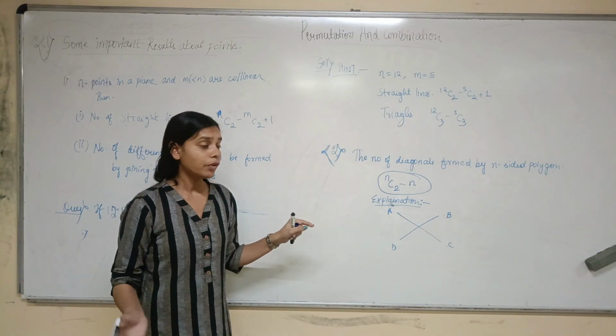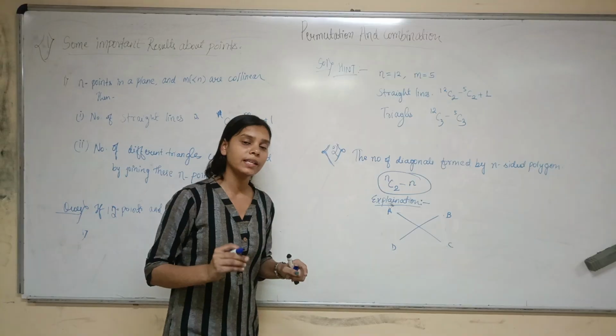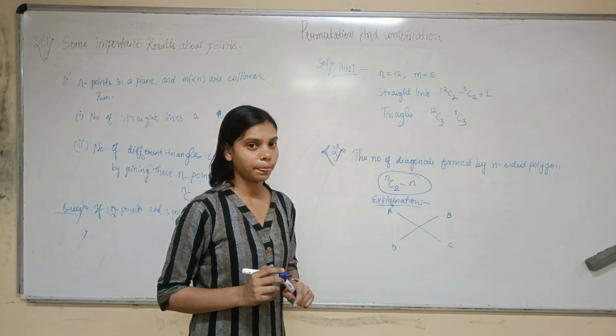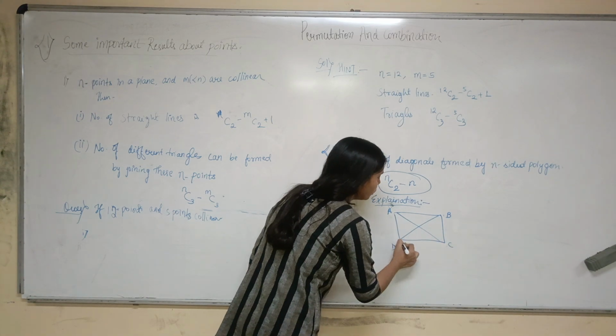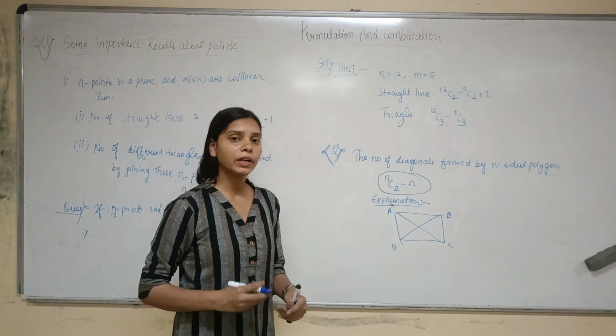This is for finding the diagonals of an n-sided polygon. If we want to verify the formula, we all know that a rectangle contains only 2 diagonals.